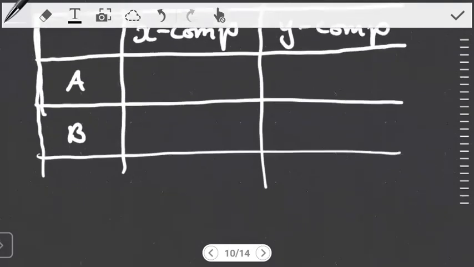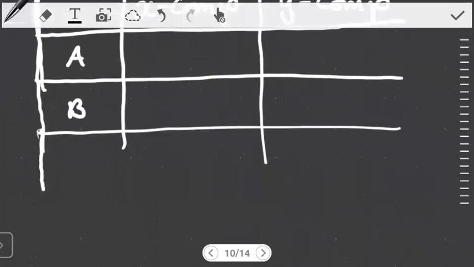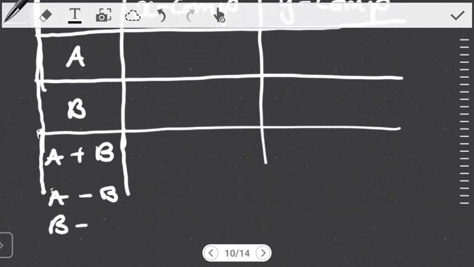In the first case, we want to get A plus B. This is for part 1. In part 2, we want to get A minus B. And then in part 3, it's going to be B minus A.